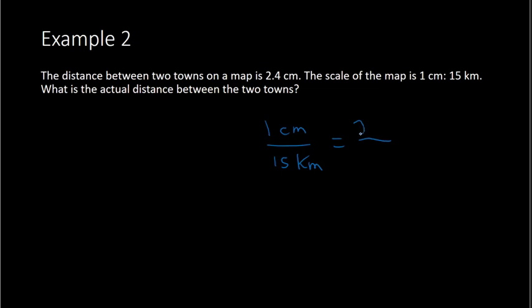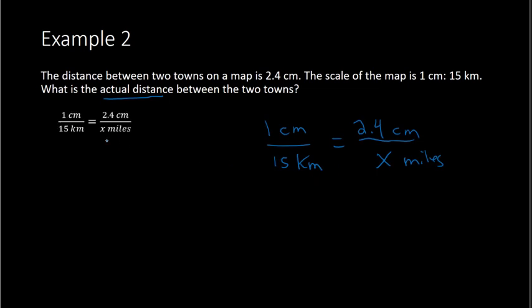So here we have another fraction, 2.4 centimeters, and the question is, what is the actual distance? So the top is going to be the distance on the map, the bottom is the actual distance. So the actual distance is unknown, and that's going to be on the bottom of the second fraction. So here I have a proportion that I can solve by cross multiplying.